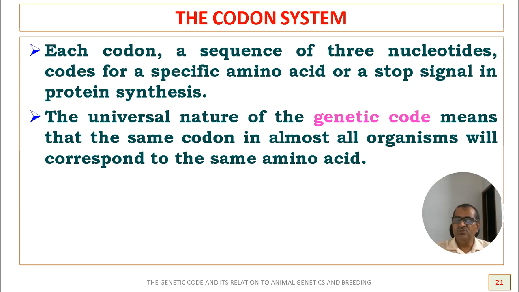The universal nature of the genetic code means that the same codon in almost all organisms corresponds to the same amino acid. So adenine, thymine, and guanine will be uniform in all animals. If they are paired, they will produce the same product irrespective of the species. That's what the codon system says.